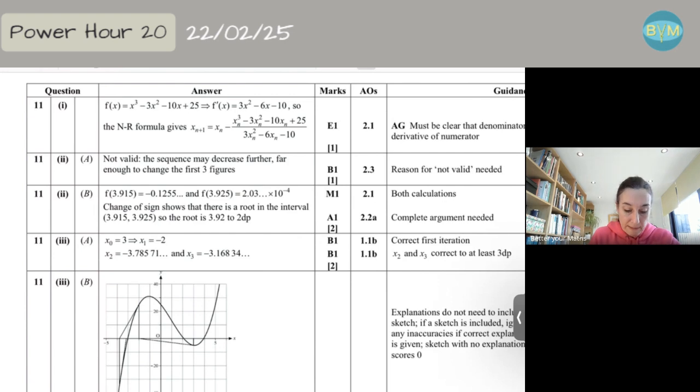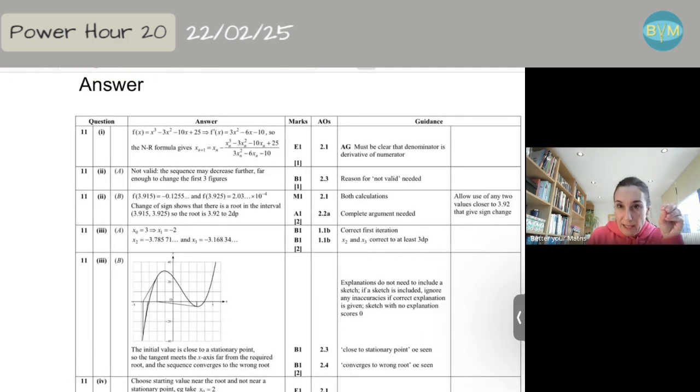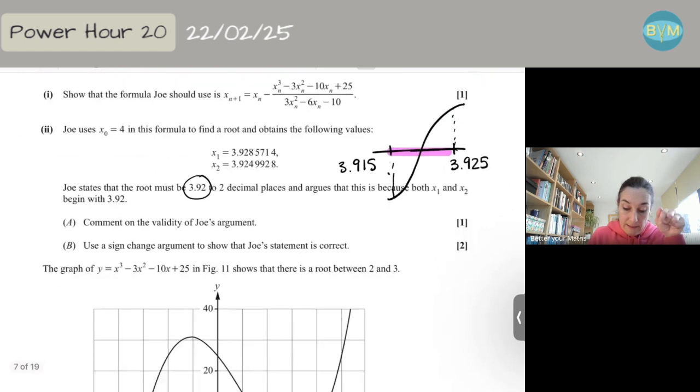So we have that the 15 is negative and the 25 is positive. As we have a change of sign, we have a root in that interval that is going to be rounded to 3.92. So it's similar to the reasoning that we did with the 1 and the 2, but now we are just deciding what our root is to 2 decimal places.